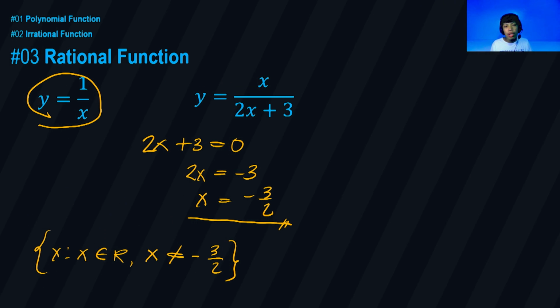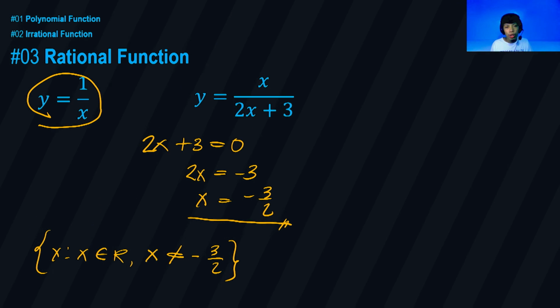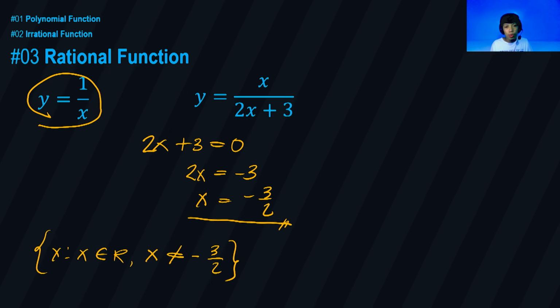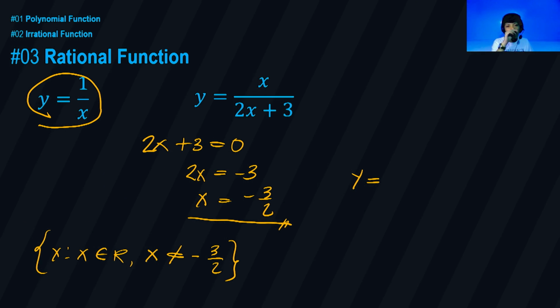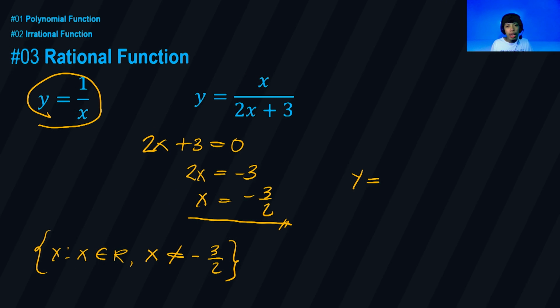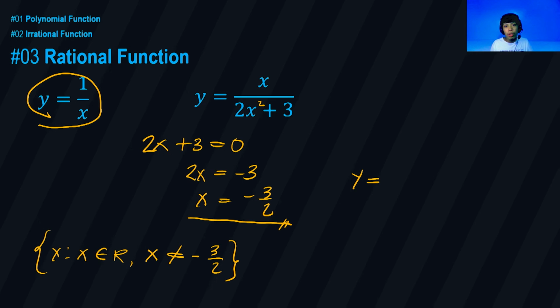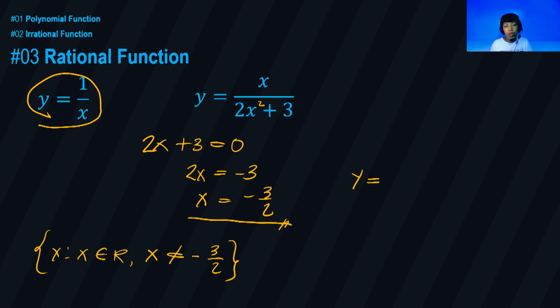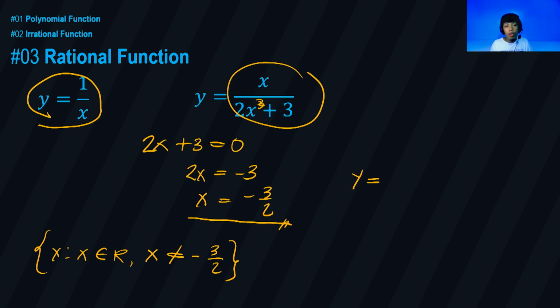Take note, divide all the terms by the highest degree term in the denominator. So this will be y is equal to x na, divide all the terms by x. So for example, if this is x squared, divide all the terms by x squared, because this is the highest degree term. If this is x cubed, divide all the terms on the right side of the equation by x cubed.